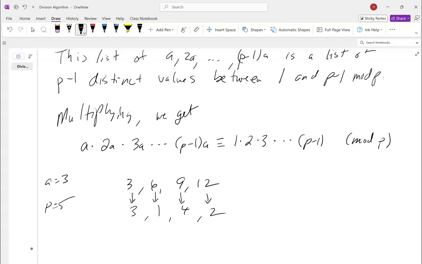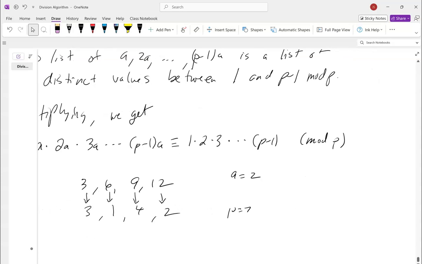And again, there's nothing special about the number that I picked or the prime that I picked, as long as it's not 0 mod P and we have a prime. So let's say your A was 2 and your P is 7. Let's just do another one, make sure that we're all on the same page with what's going on. The list then is 2, 4, 6, 8, 10, 12, right? That's A, 2A, 3A, up to 6A.